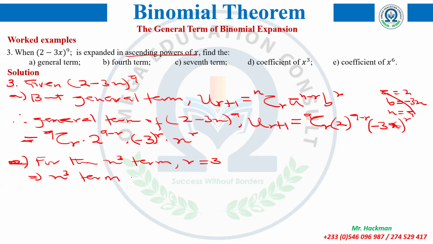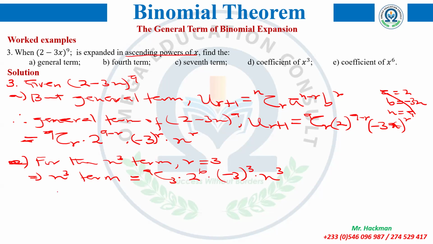Here, R will be equal to 3. So we get 9 combination 3. Then 2 to what power? 9 minus 3, 6. Then 2 to the power 6, into, don't forget your bracket, minus 3 to the power 3, times x to the power 3.